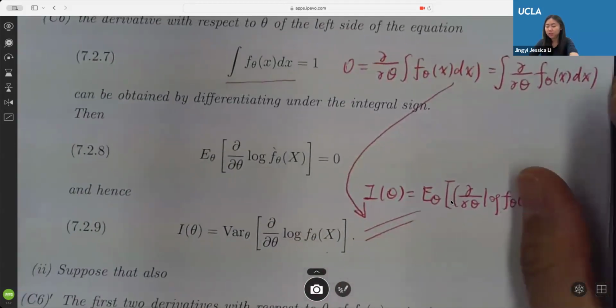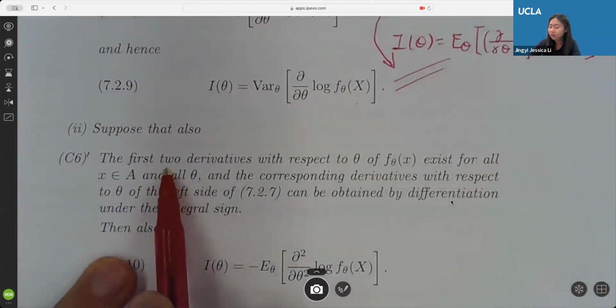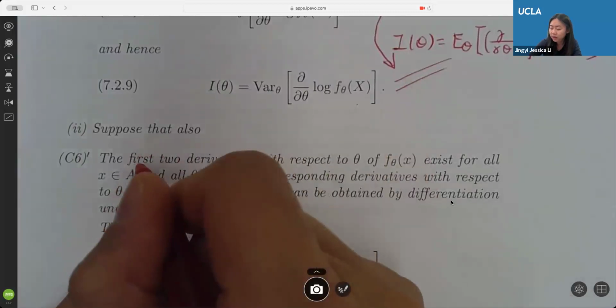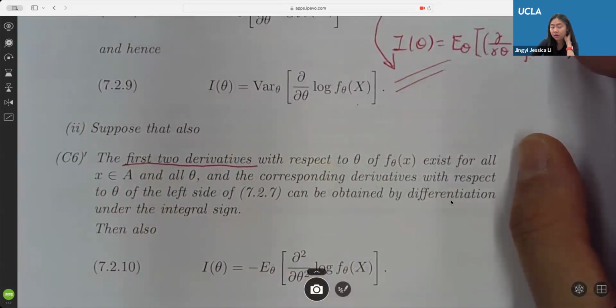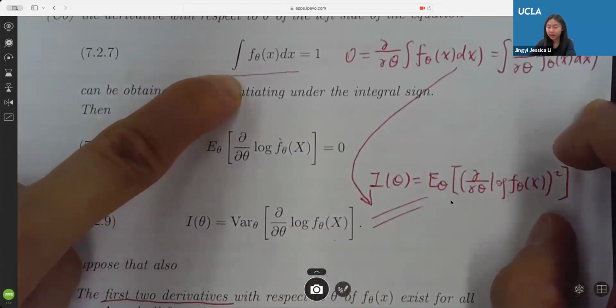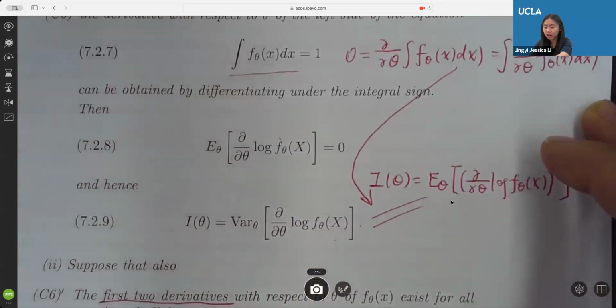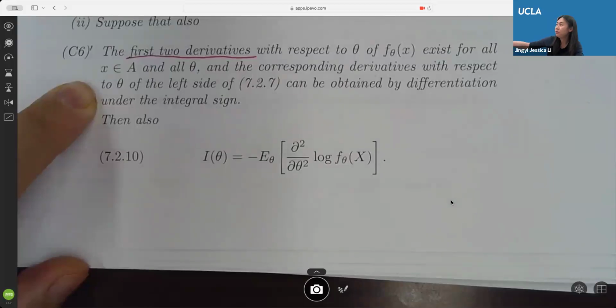The second version of C6 is a little bit more. Now we need to have the second derivative exist. So we need the first two derivatives with respect to theta of f theta x to exist for all x in A and all theta. So A is the domain of the distribution. And the corresponding derivatives with respect to theta of the left-hand side, again, this thing can be obtained by differentiation under the integral sign. So now for the C6 prime condition, we need one more layer of exchangeability, not just the first derivative, but the second derivative.